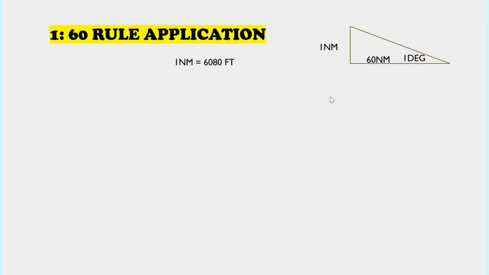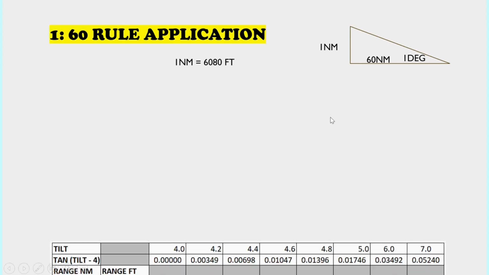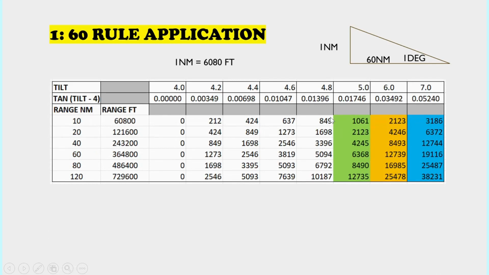Now, looking at this, I made a table. I went to Excel and investigated a couple of tilt angles at certain ranges, and how they would tell us how far above us the clouds are. That's the main point here. So here we're not looking laterally, we are looking vertically.